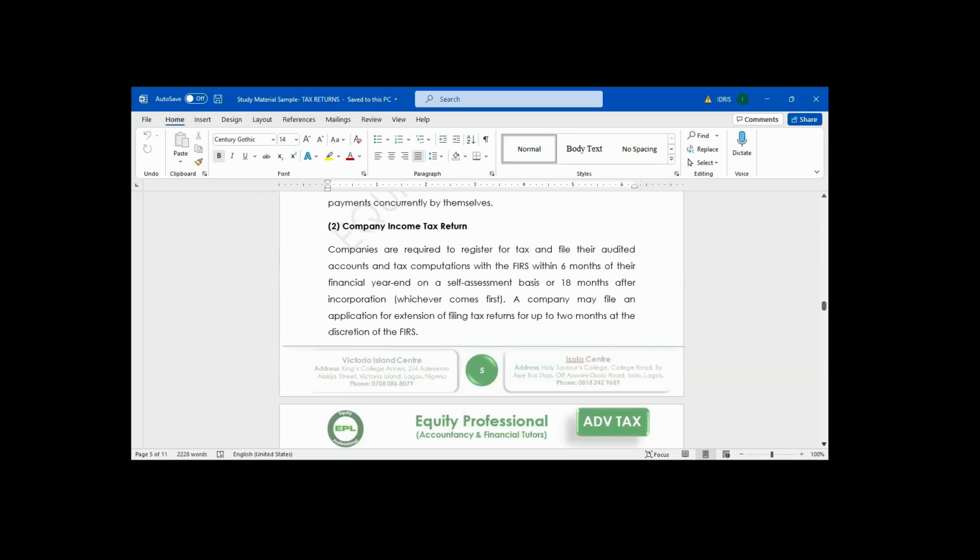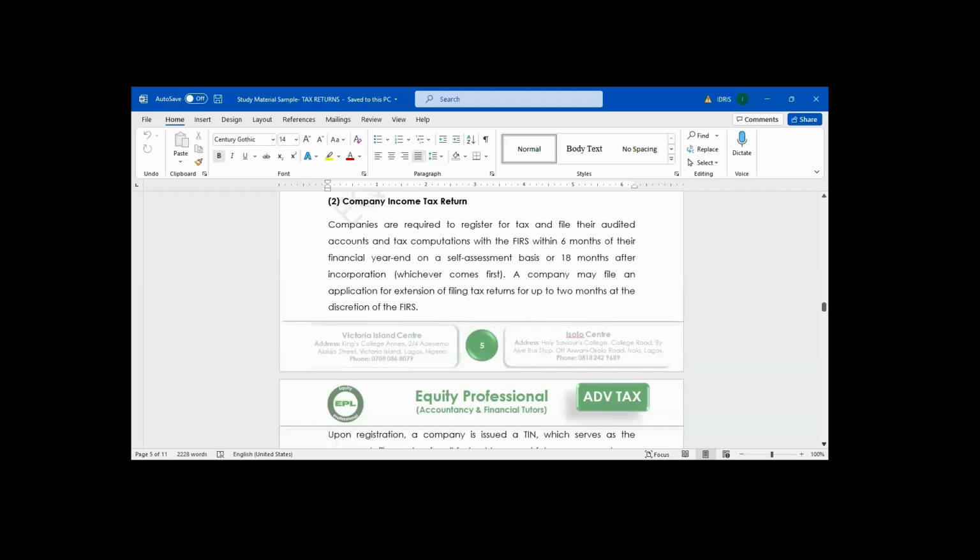Why? For a new company, they must file their company income tax return within 18 months from the date of commencement of business, or 6 months after the end of the first accounting year, whichever is earlier.